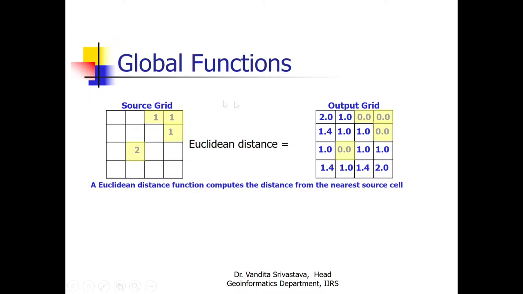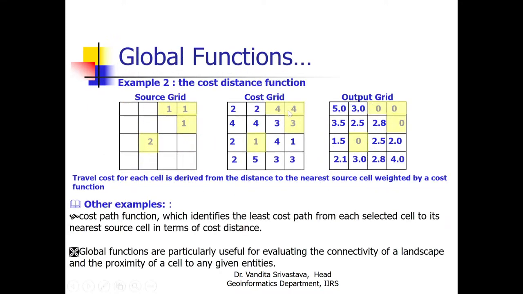But suppose instead of unity you had some value grid, some cost grid, which means the cost of traveling each cell was not uniform. Then this value grid or cost grid has to be considered in order to calculate the distances. So the same value which was 1.0 has now become 2.5 because there is a cost grid of 2 here. Since this was the nearest source, the cost of traveling from center to edge will be 2, and because it is unity cost, from here to here it will be 0.5.